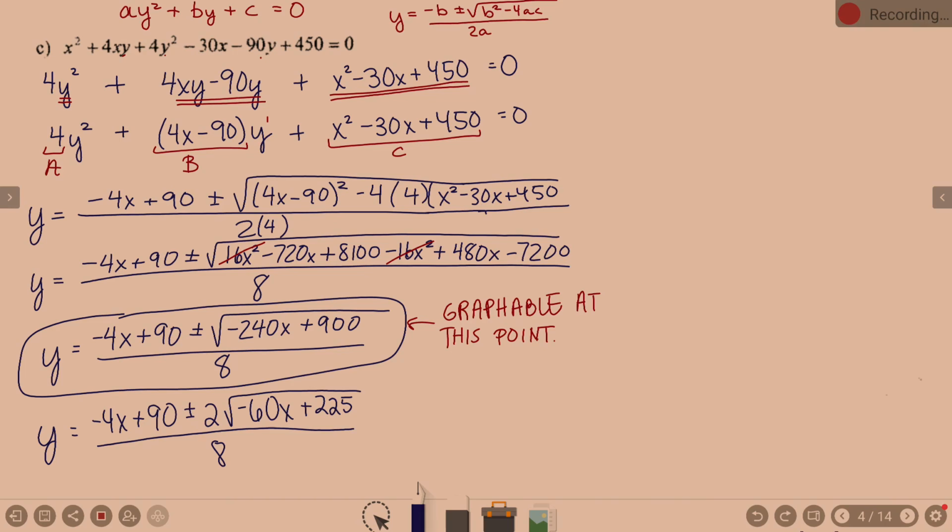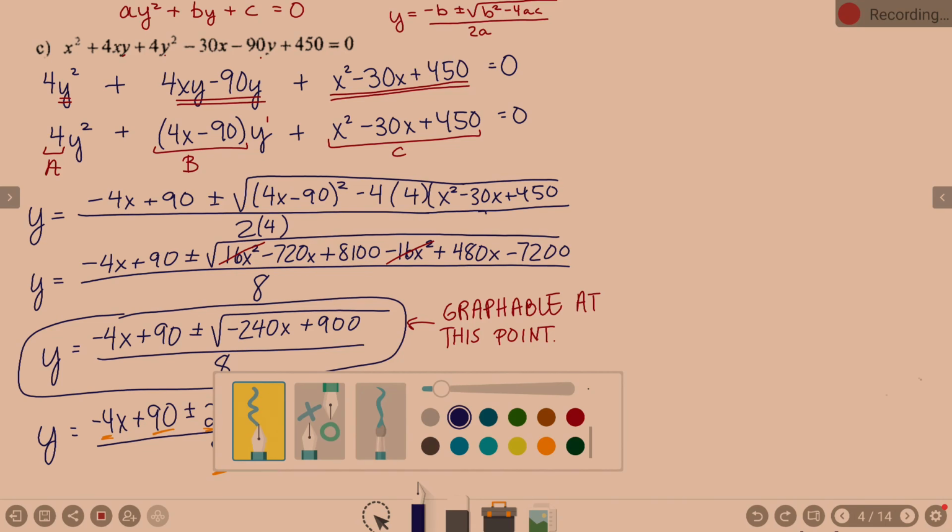And I have a reason for showing this. If you look at every piece of this problem, the 4, the 90, the 2, and the 8 are all divisible by 2. So this guy, this guy, this guy, and this guy.